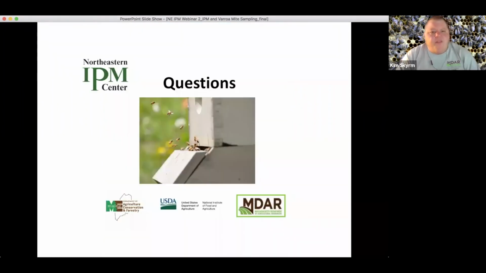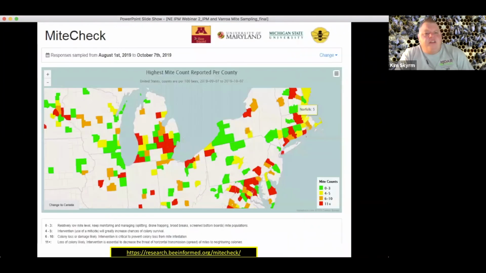So a couple of announcements. We got questions there. Once you've done a Varroa mite alcohol sampling, not only is it important to record the data, so we recommend having a notebook, either one you're keeping for apiary management notes in general, or you can put it on your phone as a note.